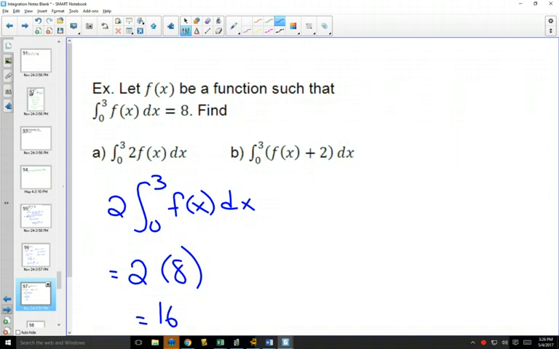For our second one, another property of integrals is that if you're adding two functions inside of an integral, you could take the integral of each one separately.